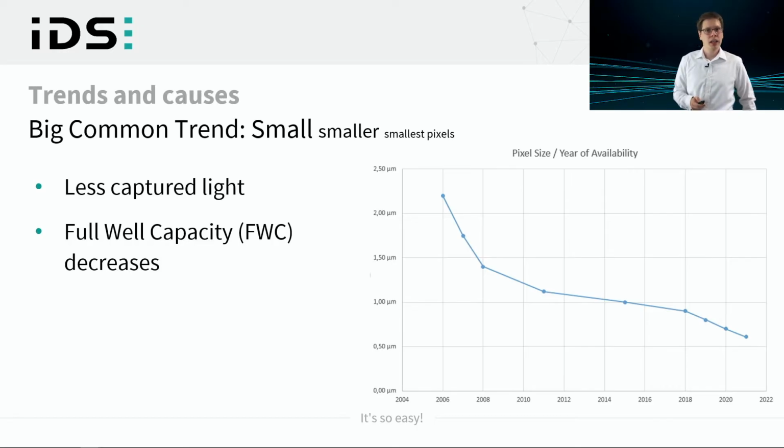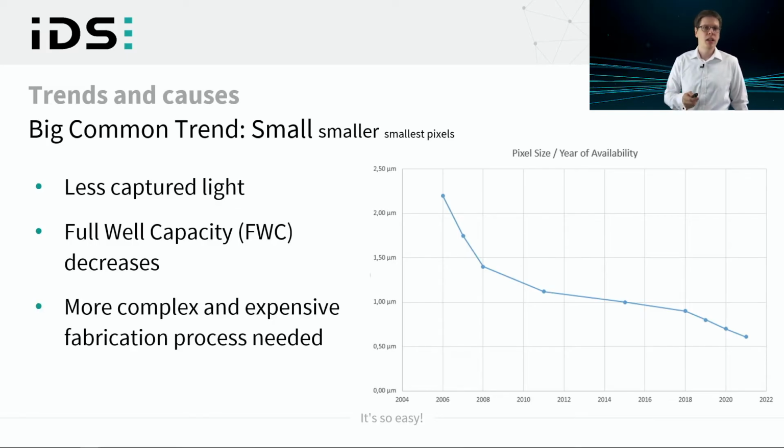And the full well capacity, that's the maximum amount of countable photons for each pixel, each frame, reduces with the pixel size, and thus the peak signal-to-noise ratio of the sensor is shrinking. Also, other imaging parameters decrease, like the intrascene dynamic range. A more complex and expensive fab process with higher costs for smaller pixel structures needs to be applied.